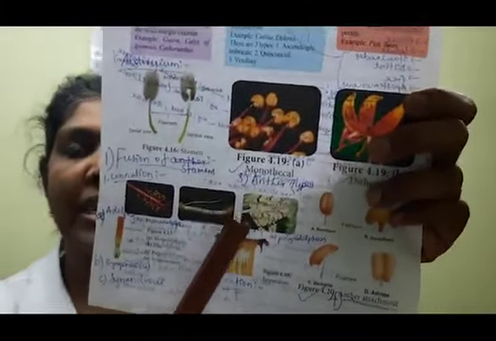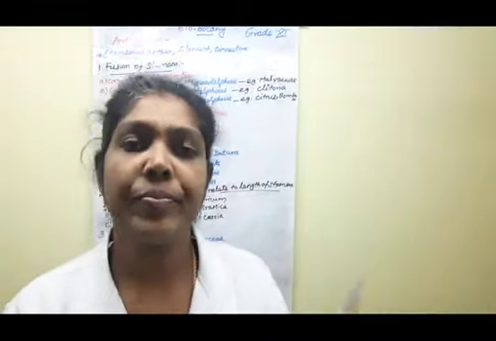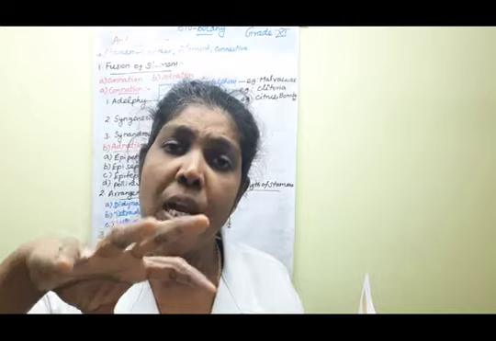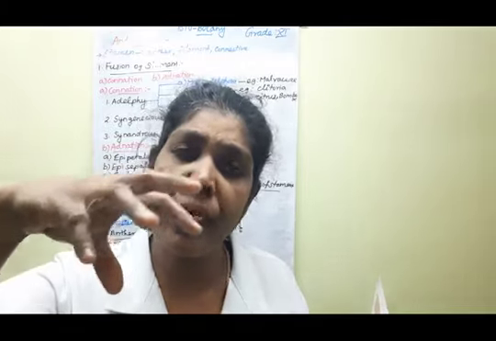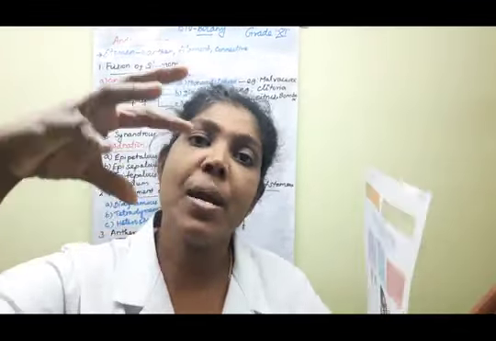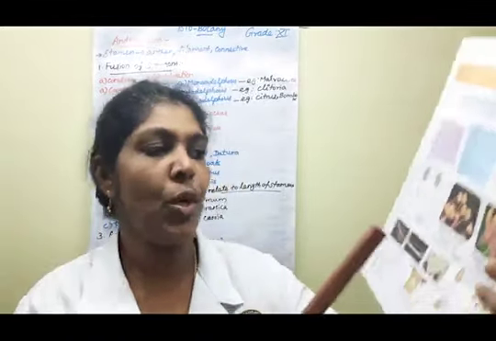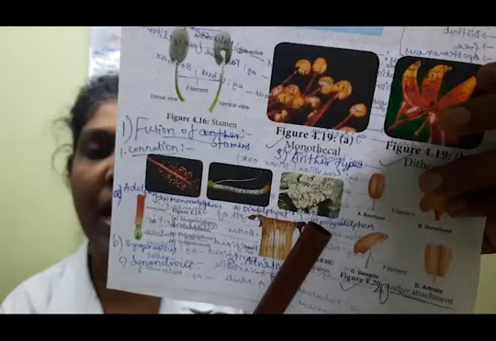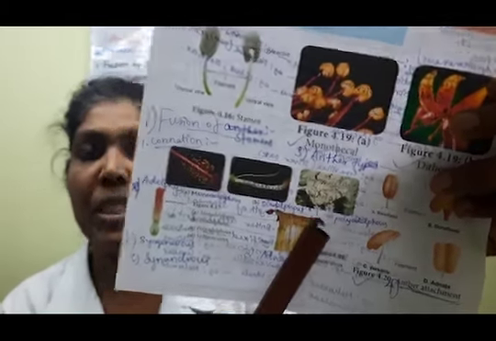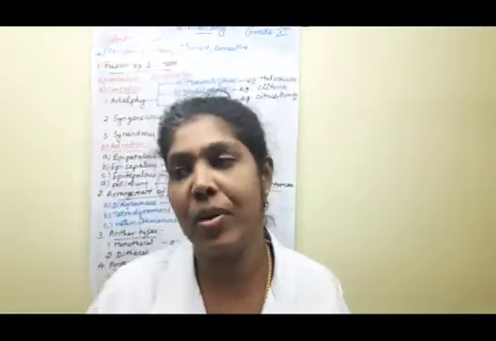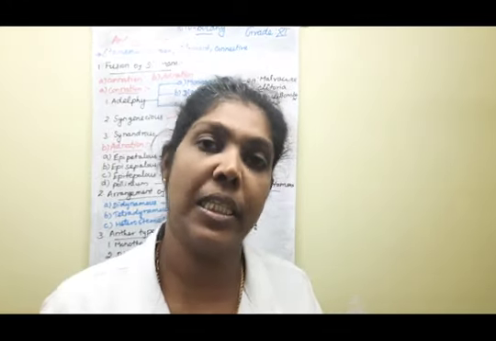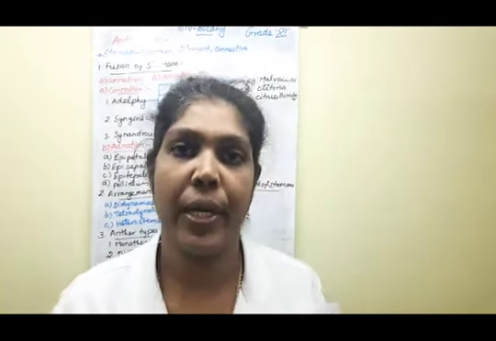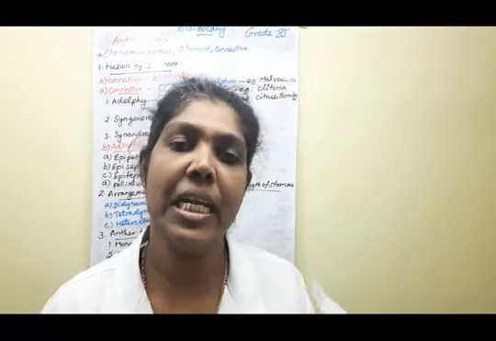Clear children? Yes. The third one: the filaments are united and fused to form many bundles of stamens. Here, if we look, this is a Euphorbia species, one specimen being Ricinus communis, commonly called castor.